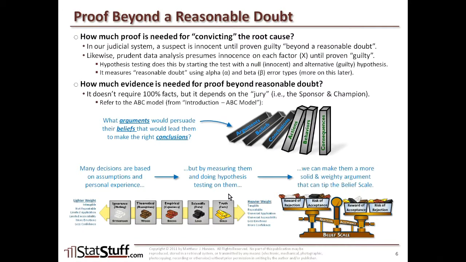By doing that, it's going to add more weight to one side of the scale and tip their belief in one direction or another once we have that data. And by tipping the belief, it's going to help influence the conclusions or decisions they're making, which will give them more confidence that they're making the right decision that would lead them to the right actions.